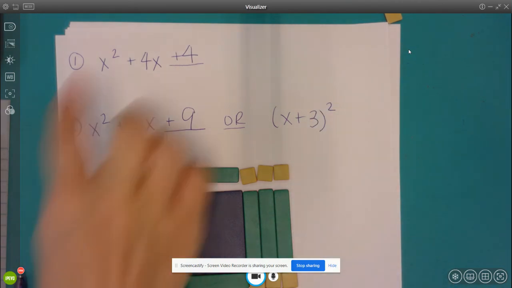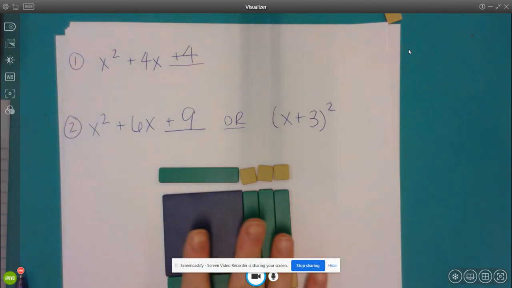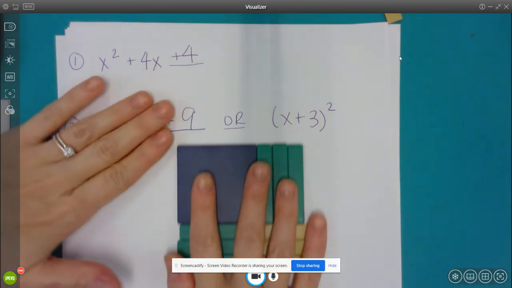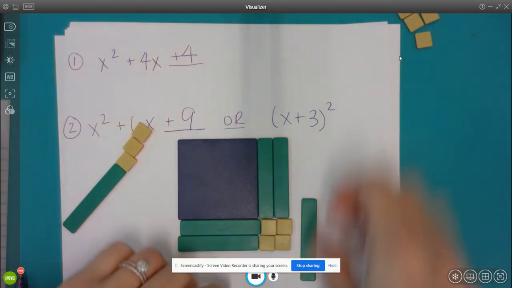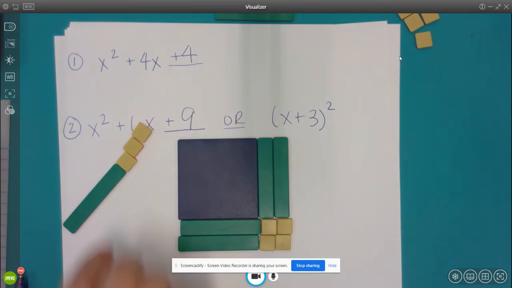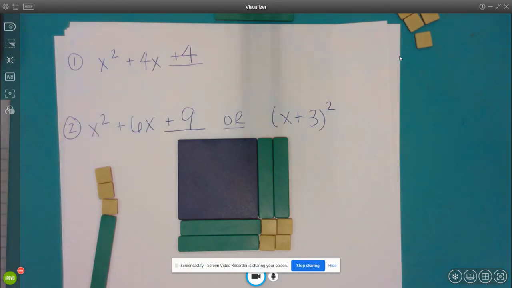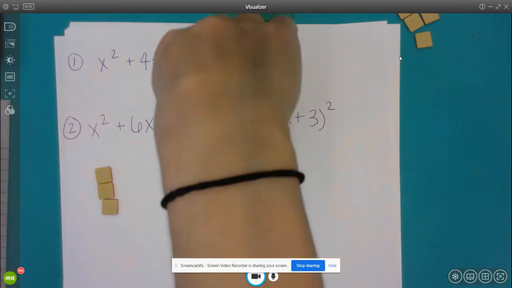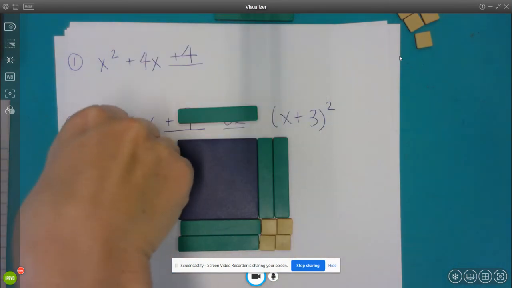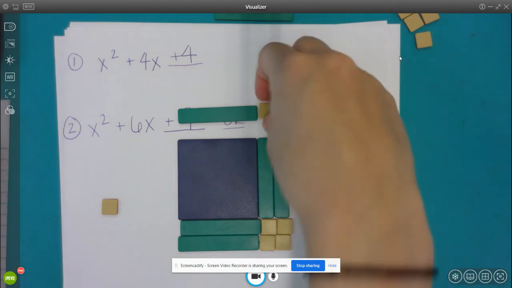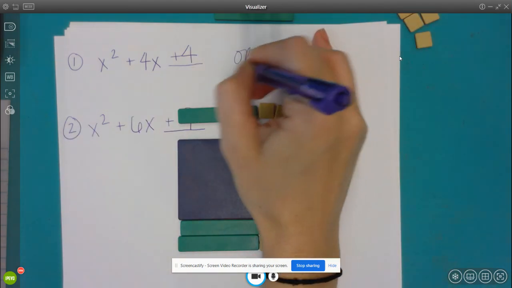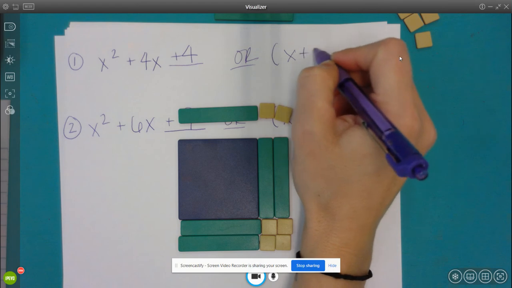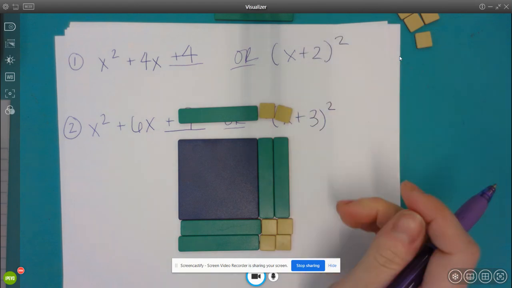Now we are going to backtrack and go back to this one because I forgot to do this for the first one. So I have a side length of x and then a side length of 2 singles. So this would be x plus 2, the quantity squared.